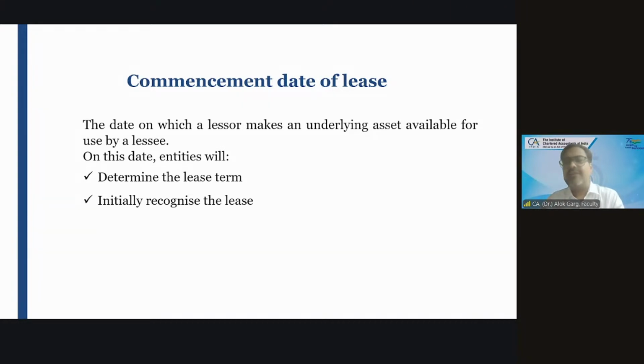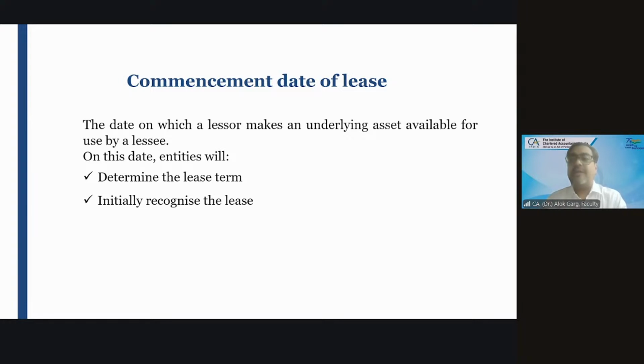In the question, it will be given that ABC Limited is an entity which is exploring new office space, right? And they went to DLF and they inquired about the new office space on 1st April 2024.